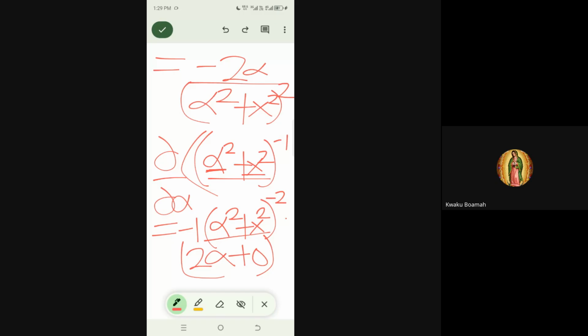So this is what you are going to get when you differentiate. Find the partial derivative of 1 over alpha squared plus x squared. You can also use the quotient rule where your u equals 1 and your v equals alpha squared plus x squared, and you follow the quotient rule, and then you will end up with the same answer.